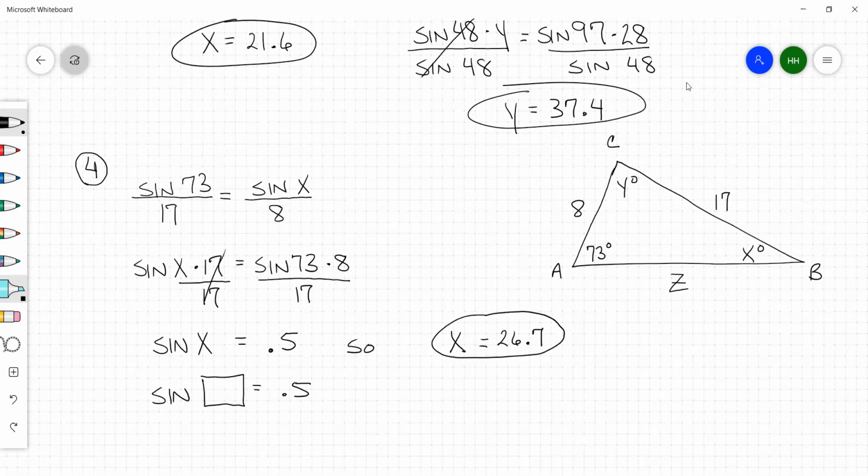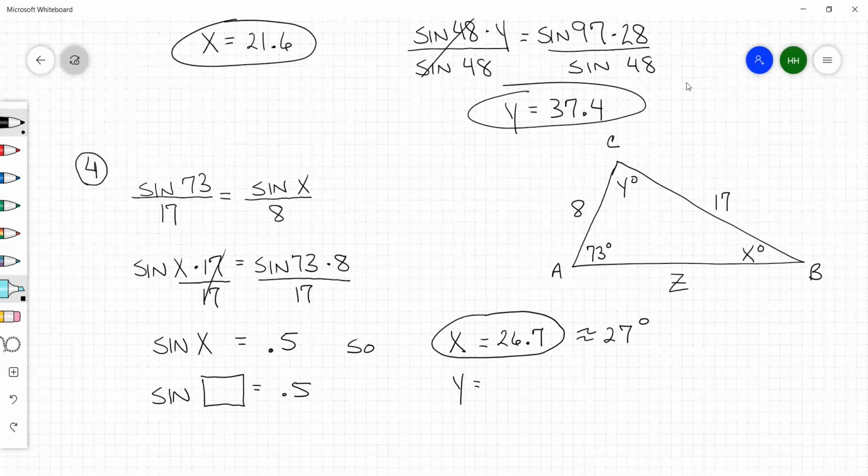So now you can take 180 and subtract 73 and then subtract 26.7. And that will give you your Y value. All right, round to the nearest degree. I'm rounding to the nearest degree then. We'll make this 27 degrees. So your x is 27 degrees.